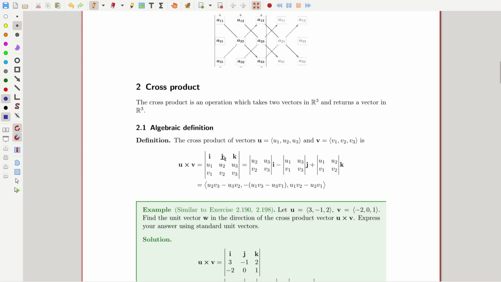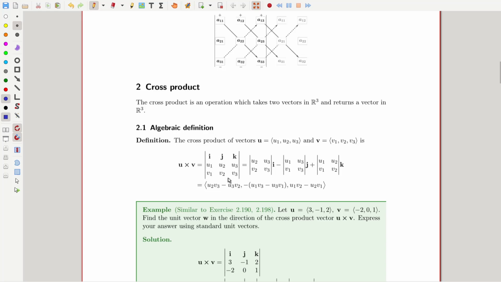These are the standard unit vectors. The second row is populated with the first vector in your cross product, and then the third row is of course the other argument of the cross product.